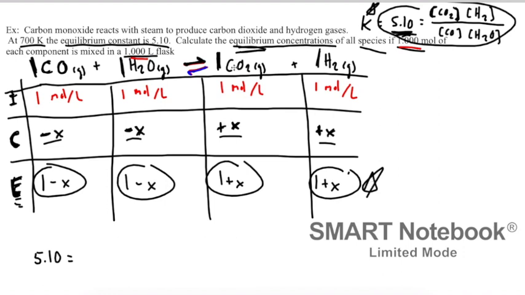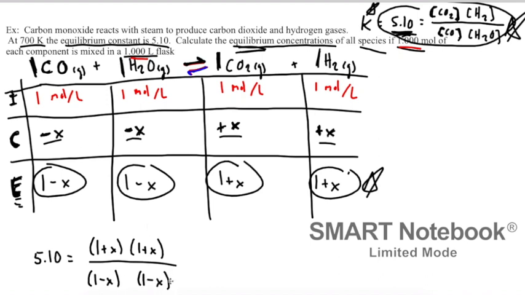So the equilibrium concentration of CO2 is 1 plus X. The equilibrium concentration of H2 is 1 plus X. Divided by, I'm just following this equation, recognizing that these call for equilibrium concentrations, and I have those in my table right now. 1 minus x is the equilibrium concentration of CO. 1 minus x is the equilibrium concentration of H2O. And now I have one equation with one unknown. I can solve for this.